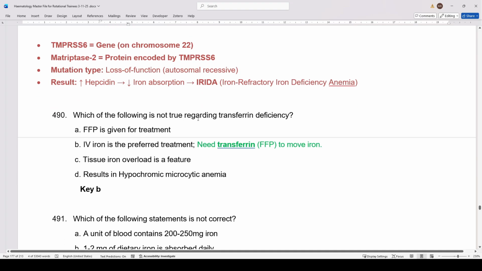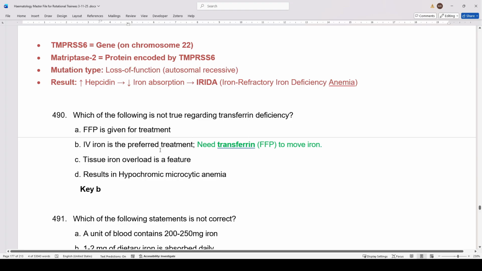Which of the following is not true regarding transferrin deficiency? FFP is given for treatment. It is correct, because transferrin is a protein found in the plasma. So if you have a transferrin deficiency and we give the patient FFP, that patient will improve. IV iron is the preferred treatment. No, it is not, because the problem in transferrin deficiency is the transporter of the iron, the truck of the iron.